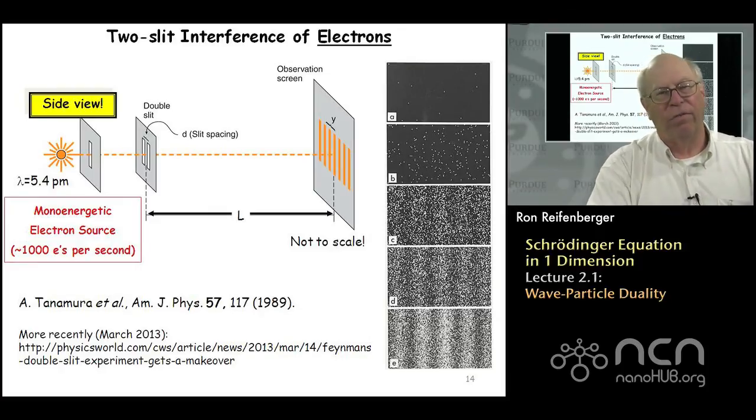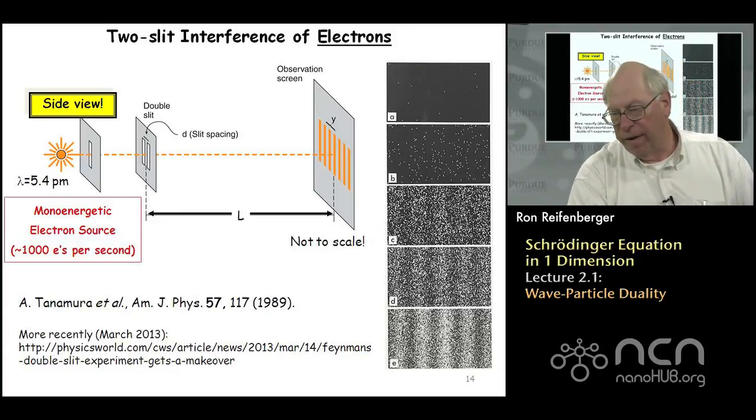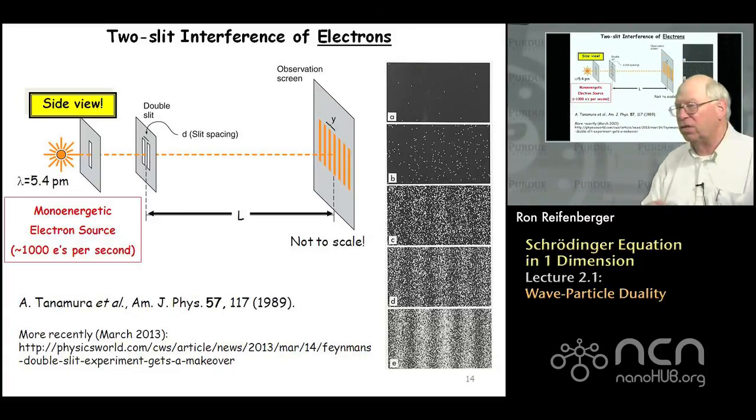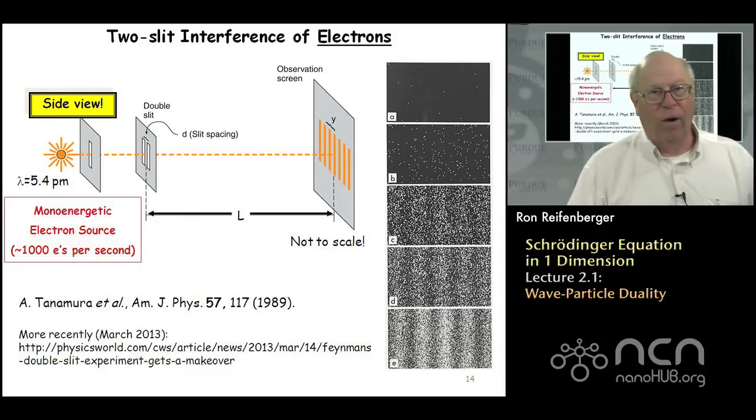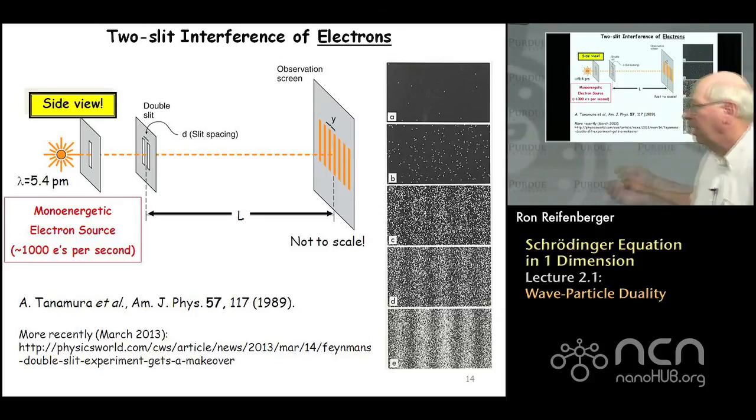So there have been a number of attempts to perform this experiment. If you like to read the original literature, there's a nice discussion in 1989 in the American Journal of Physics. I just refer you to that. If you're more into web-based discussions, there's been a recent discussion of this two-slit experiment in March of 2013, and I give the website. And here I've just copied the intensity of the electron beam as it strikes the screen over time.